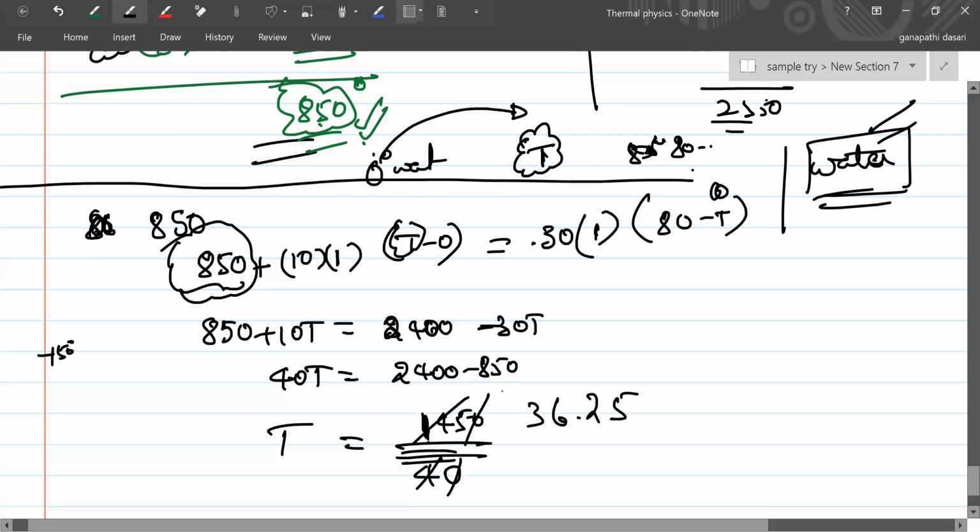I did some calculation mistake maybe. Check the calculation. Is it correct? Yes, sir. It's correct. So 36.25 degrees Celsius is the answer. Yes, sir.